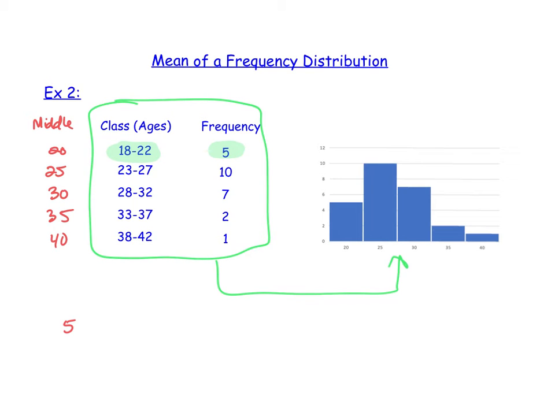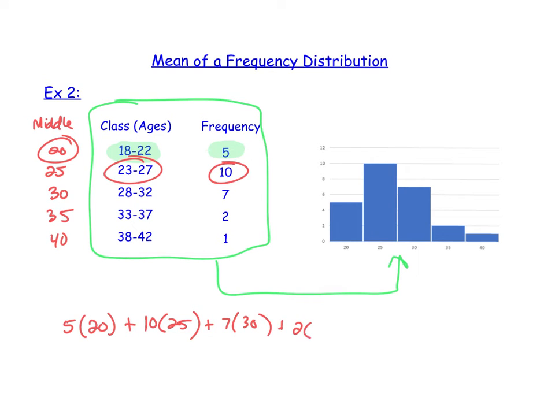We're going to do 5 times the middle, so 5 times 20. And then for the next one, we're going to do 10 times the middle, so 10 times 25. And then on the next one, we're going to do 7 times 30, because that's the middle of that, and then 2 times 35, and then the last one would just be 1 times 40.